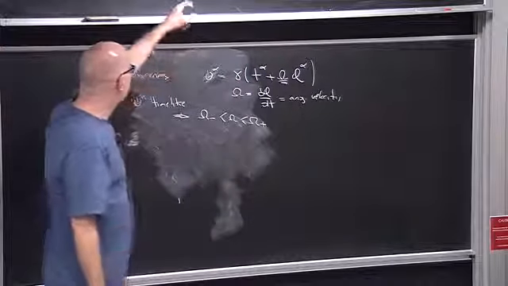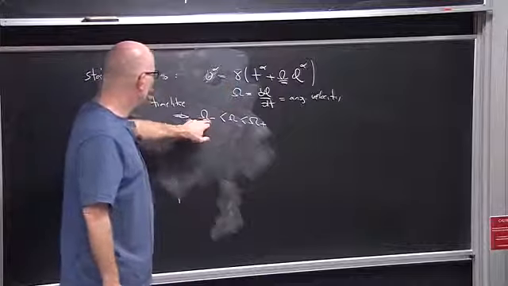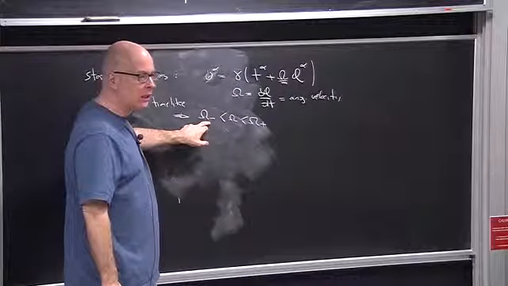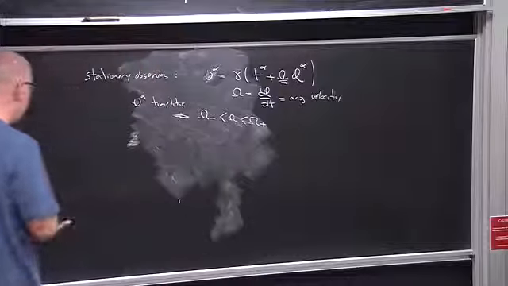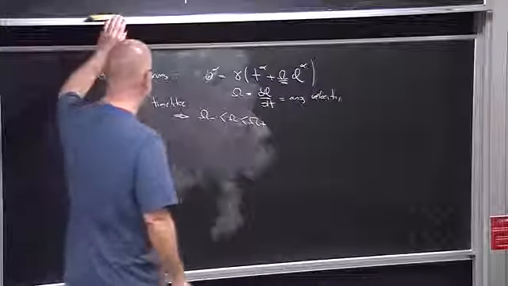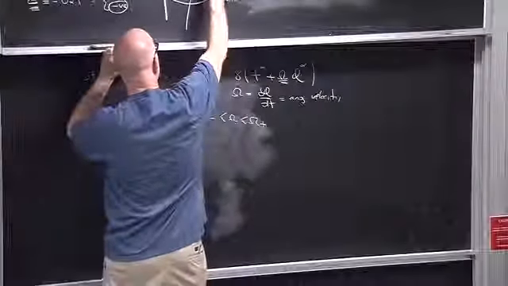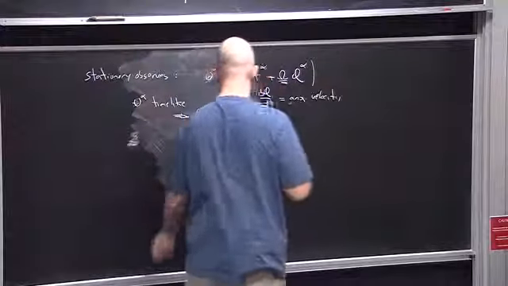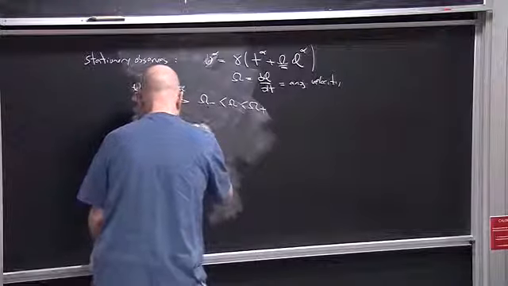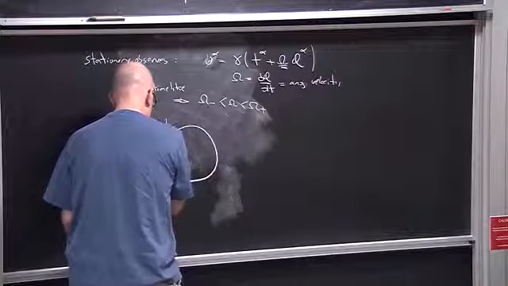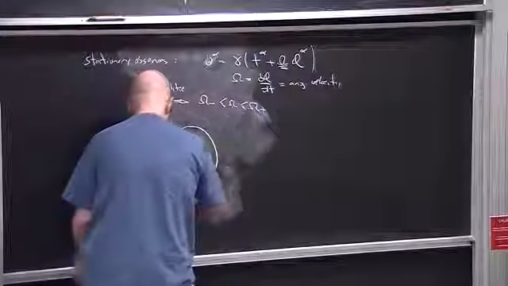And of course, right at the ergo surface, we know that the lower bound has to be 0, because the observer must be dragged along with the rotation of the black hole. And the point with this is that as the observer keeps moving in, I'm going to try to redraw this here. As the observer keeps moving in, I'm considering, say, a sequence of observers here.